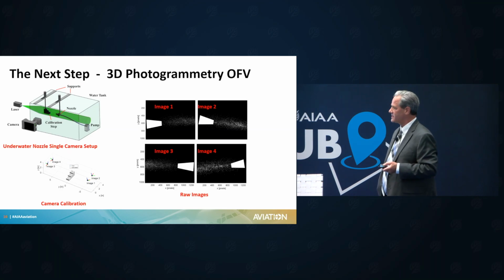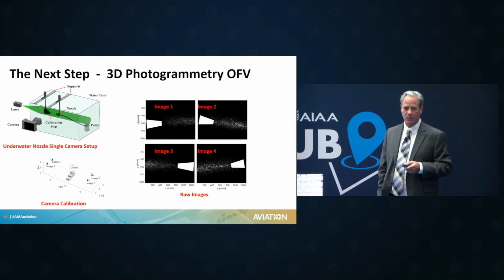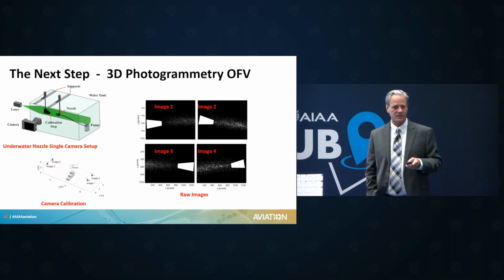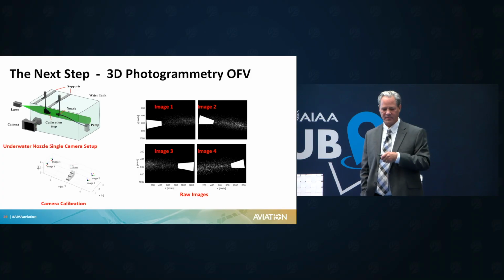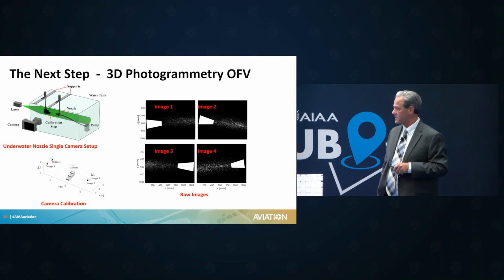So it's quite easy, but you can see the nozzle, the pump, this is underwater, the camera setup, and the calibration step, which is required for each collection method. Once you do the calibration step, you remove that, and then you do your actual physical test.